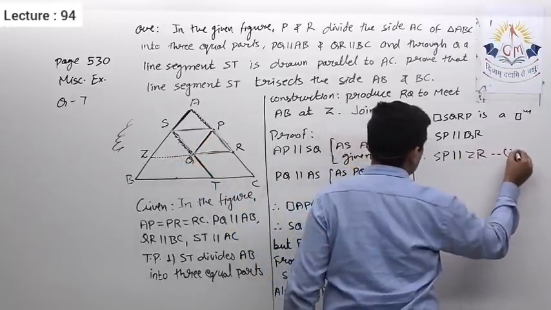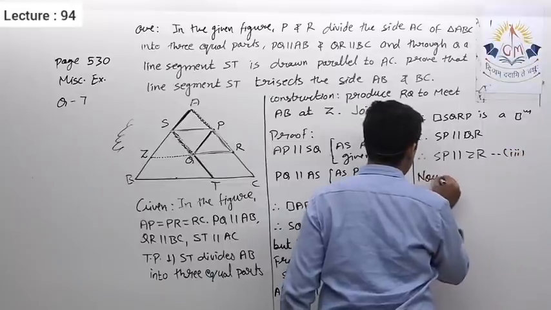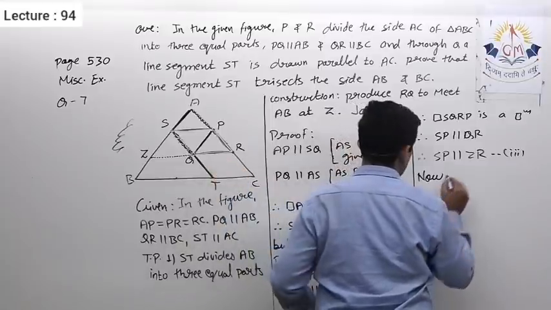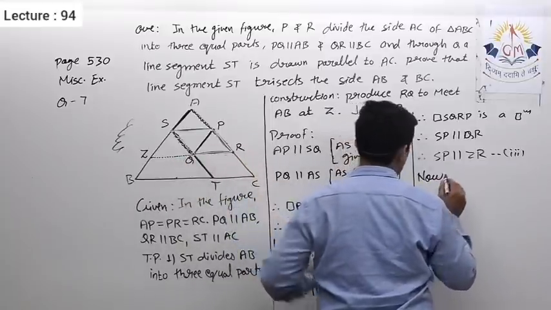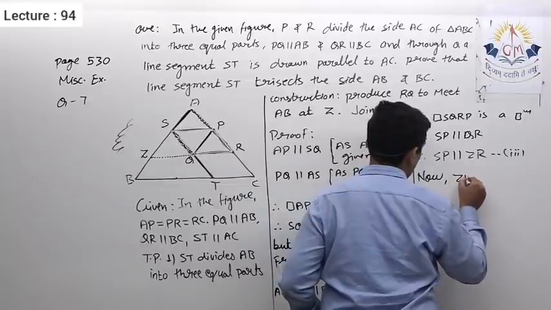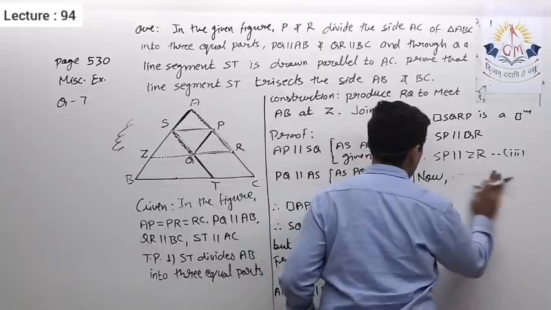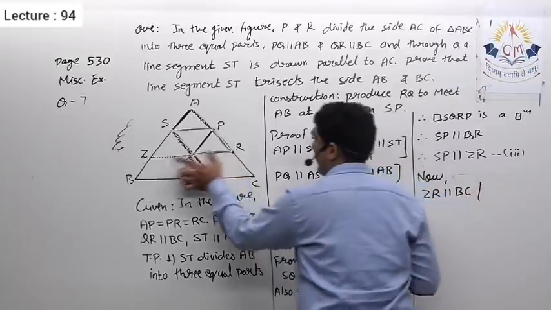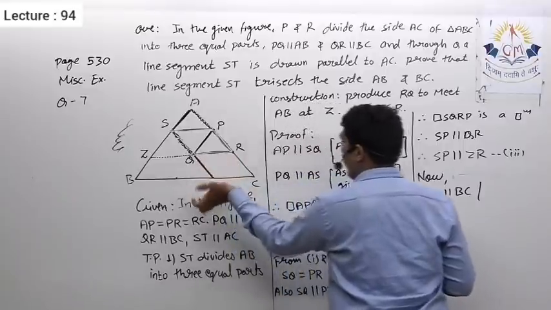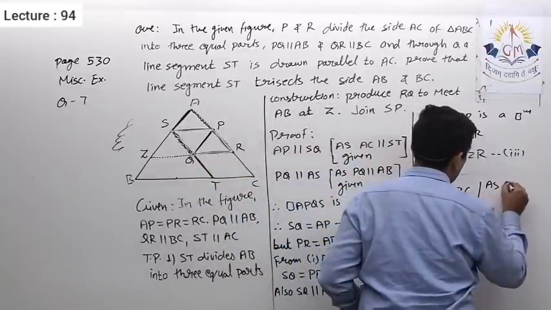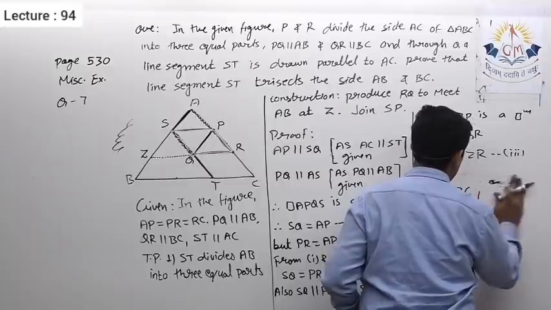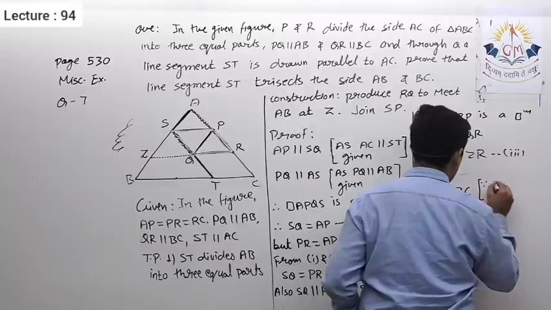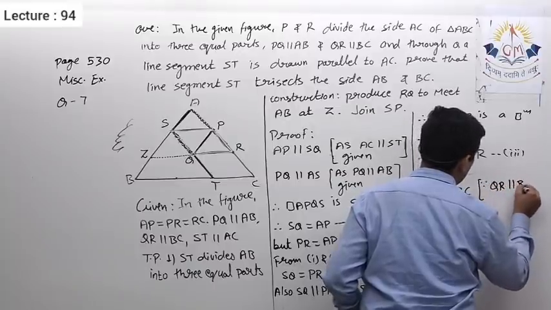Let it be question number 3. Now it is given that QR is parallel to BC. Now I can write ZR parallel BC, because it is given QR parallel BC.